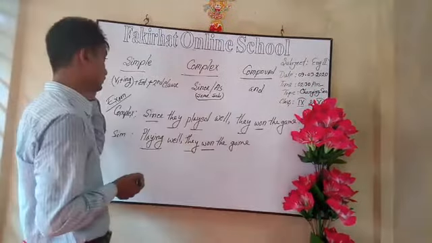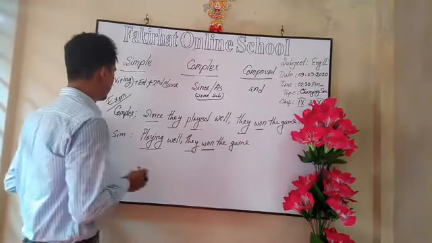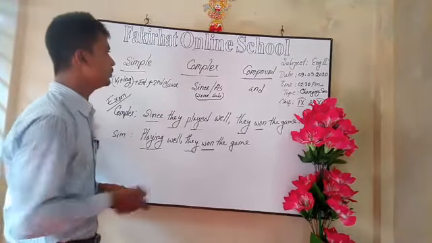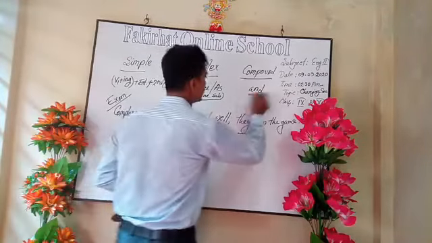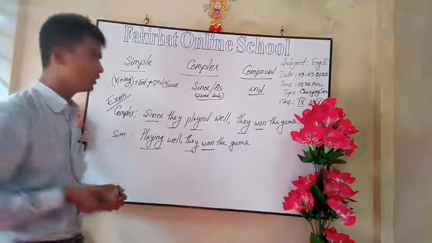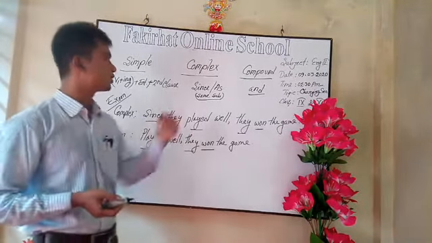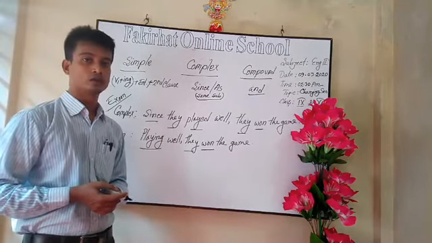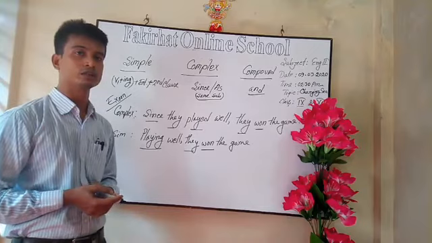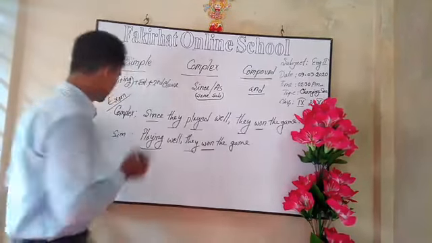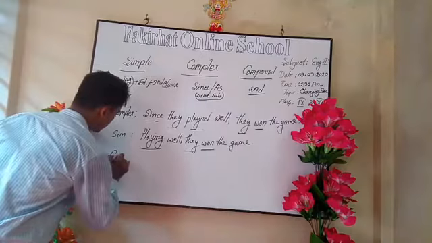Now we have to change this sentence into a compound sentence. According to the rule, we have to use and. We know, dear students, a compound sentence has two coordinate clauses and coordinating conjunctions. So here and is a coordinating conjunction.